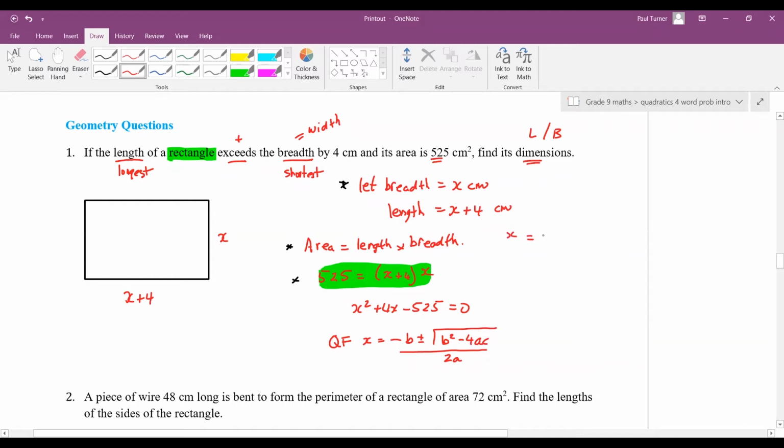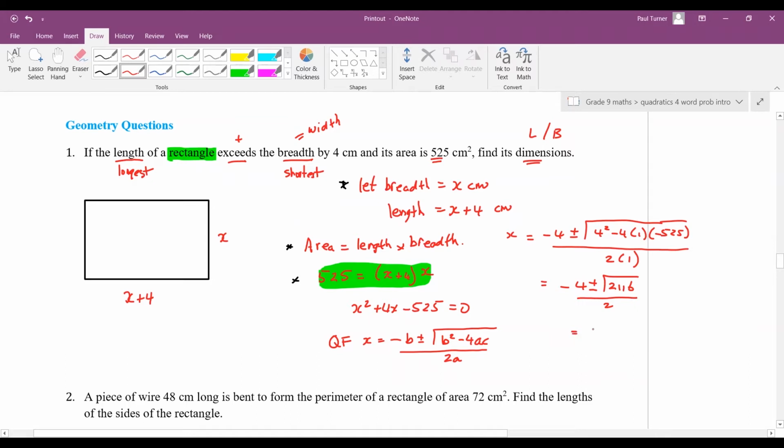So x will be minus b, minus 4, plus or minus the square root of b squared, which is 4 squared, minus 4 times a times c, minus 525, all over 2a, 2 times 1, like that. And you should end up with minus 4 plus or minus root 2116 divided by 2. You can do that bit with your calculator there.